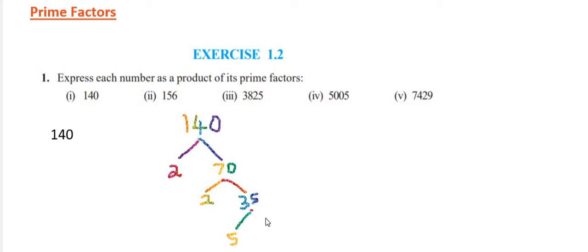So 7 5s are 35. These are all the factors, and the factors can be written as 140 equal to, you have two 2's here, so you can club it as 2 square into 5 into 7.